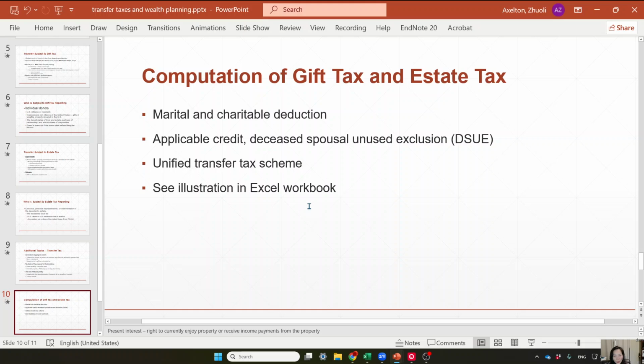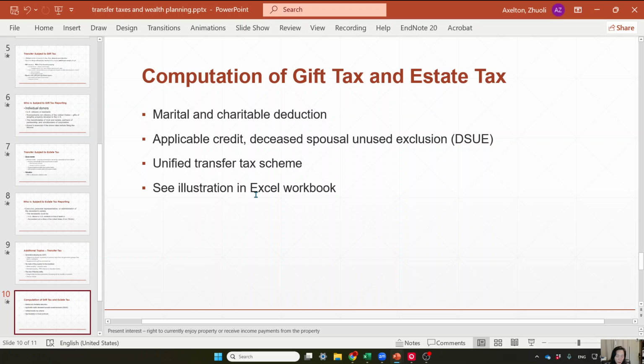So again, the key for our exercise homework is all about computation of gift tax and estate tax and understanding Form 706 and 709 at a high level, and the marital and charitable deduction, applicable credit, deceased spousal unused exclusion, a unified transfer tax scheme, all that stuff.